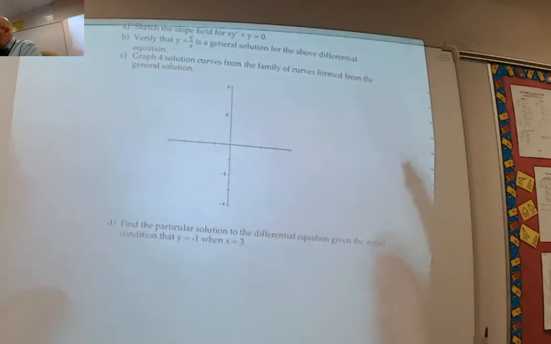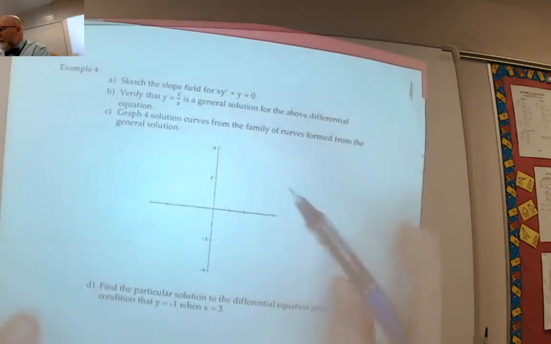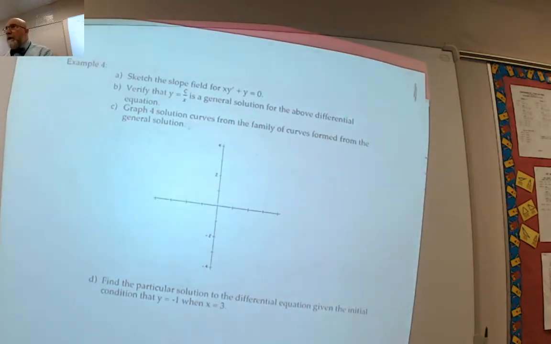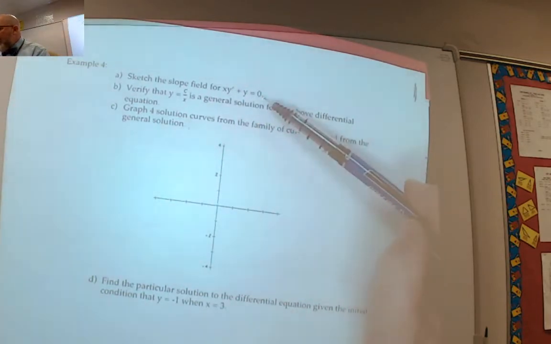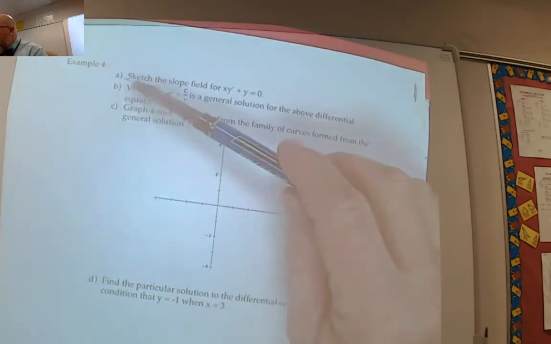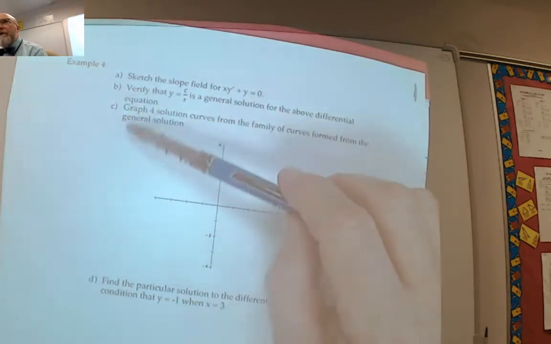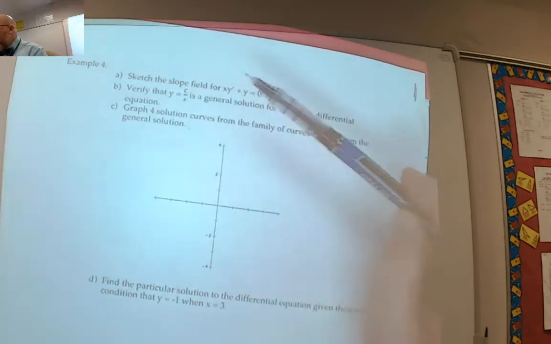So here's my problem. This is an AP question. The first part is, it's going to ask me to verify. The B part won't be in there. That's just a question I ask you on the test to verify. So the first thing we're going to do is make the slope field.